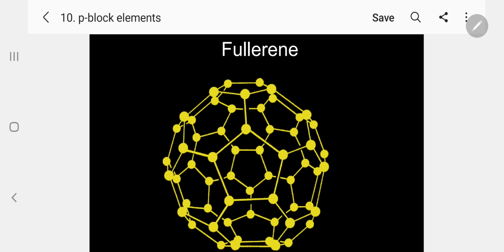Graphite, you already know, exists in the form of layers. Diamond you have also studied. Fullerene may not be known, that's why I am showing this. This is the five-member ring, and here we have the six-member ring.